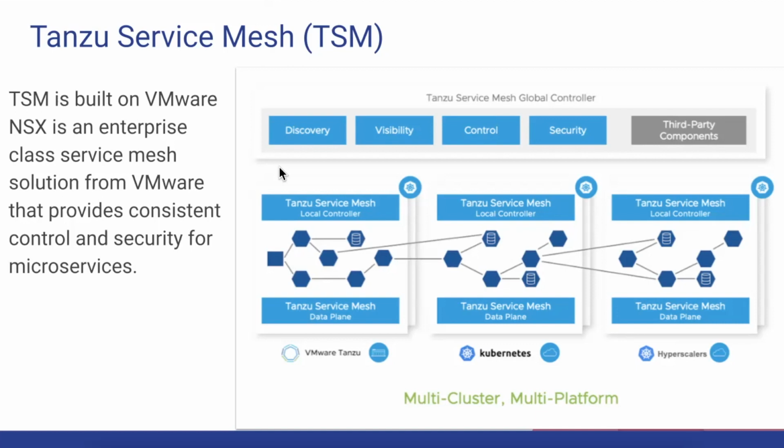So what they do, basically, there's a concept of global control plane and local control plane. Global control plane is centrally hosted, provided to you as a SaaS solution, whereas local control plane will run on every Kubernetes cluster. You will get to see all the Istio components running on your cluster.